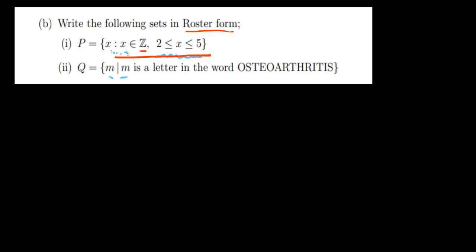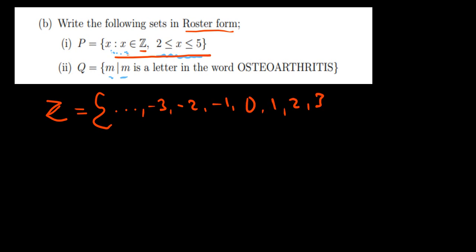Yes, okay. So the set of integers, if you didn't know it, is the set that contains all the negative numbers. Let me do this. You start with the ellipsis, and then you can say minus 3, minus 2, minus 1, 0, 1, 2, 3, and then another ellipsis like that.